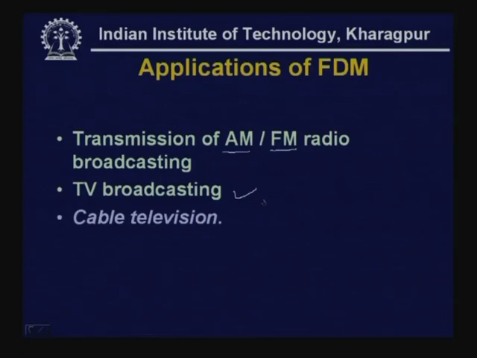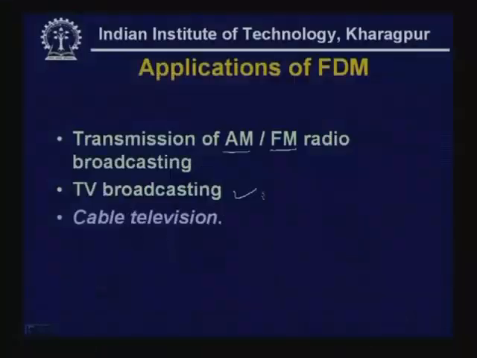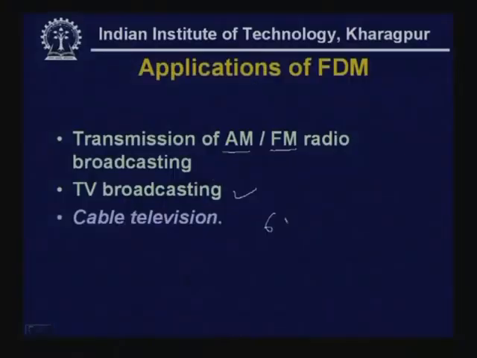In TV broadcasting also you can select different channels with the help of the tuner of your TV and watch different channels. And in cable television, same thing is done through a coaxial cable. As we know that each channel will require about 6 megahertz, and as we know a cable can provide you a bandwidth of about 500 megahertz.